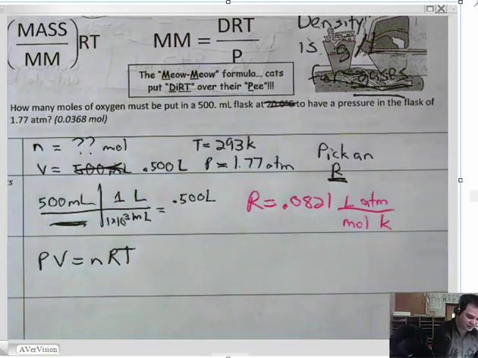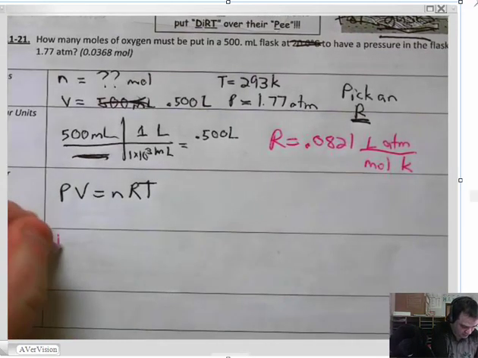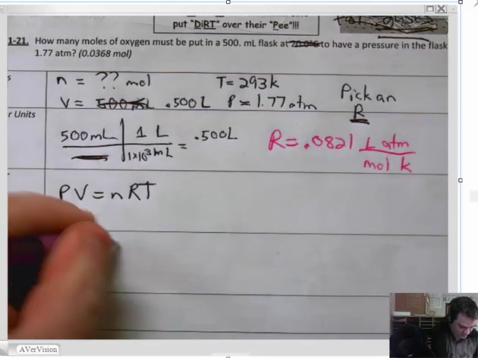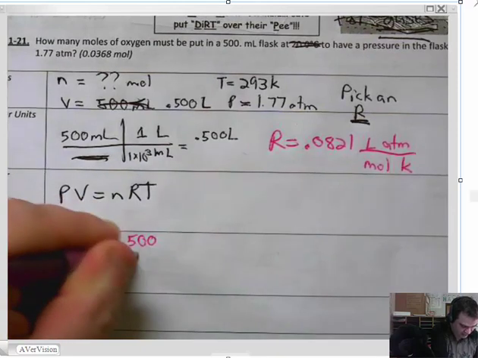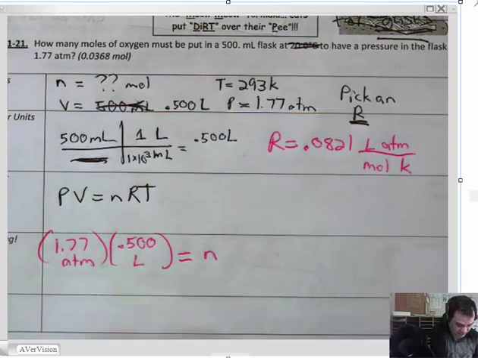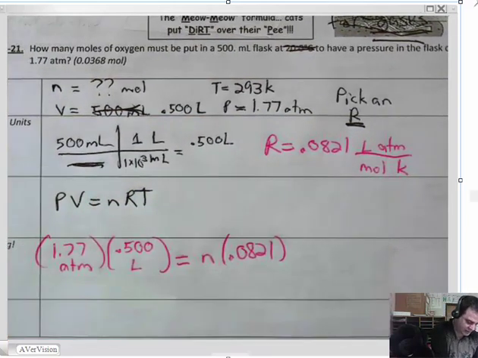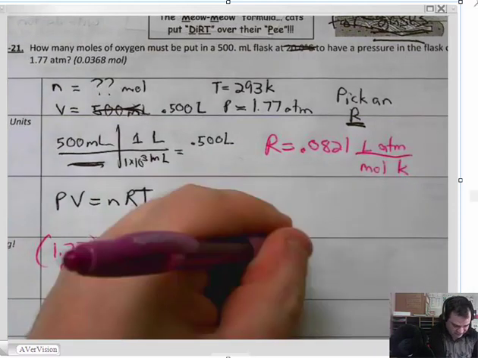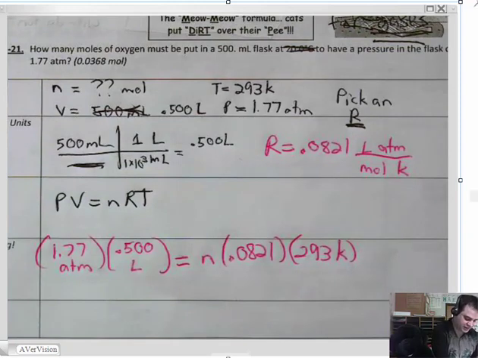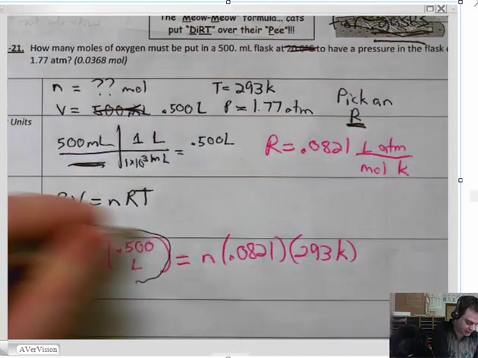Now I'm going to substitute into the equation. Pressure, 1.77 atmospheres. Volume, 0.500 liters. n is n. R is 0.0821, and T is 293 Kelvin. How am I going to solve this? The variable is here, so I'm going to multiply on the opposite side of the variable.